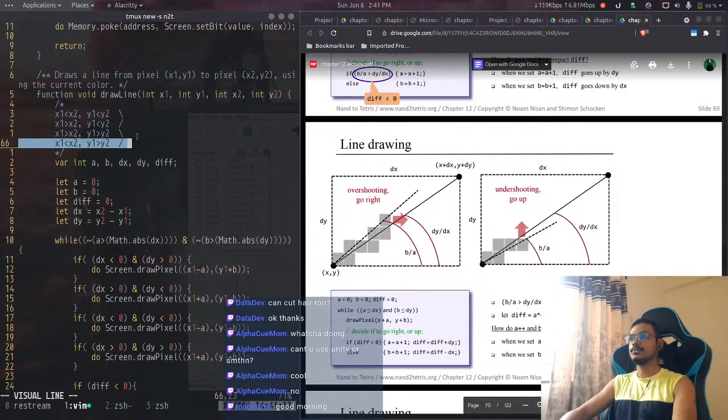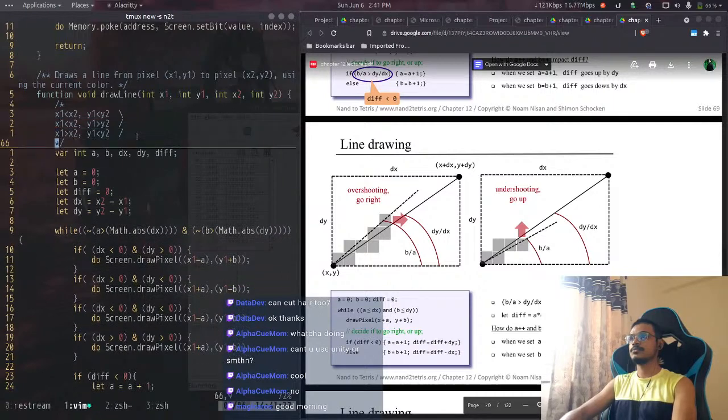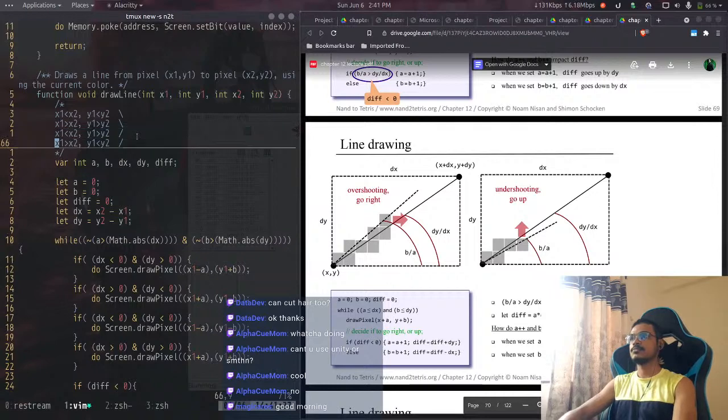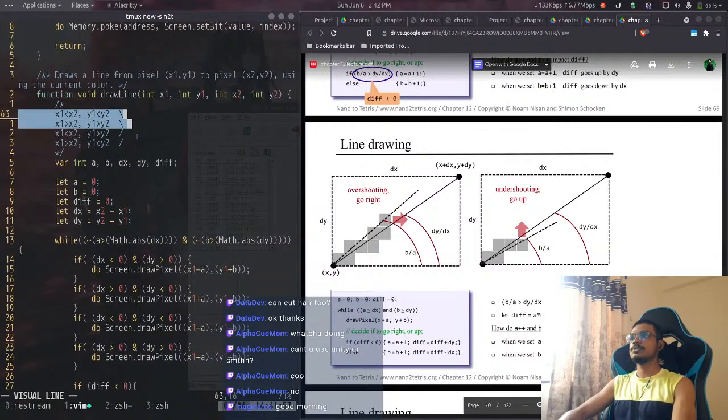So let me copy it here. So in these 2 cases, either both are increasing or both are decreasing.